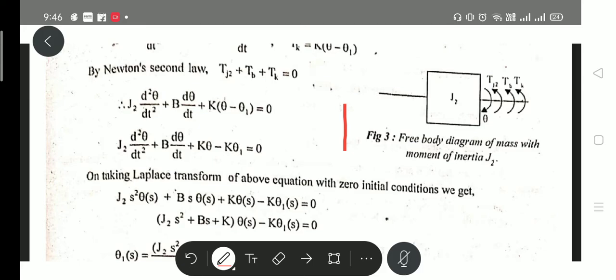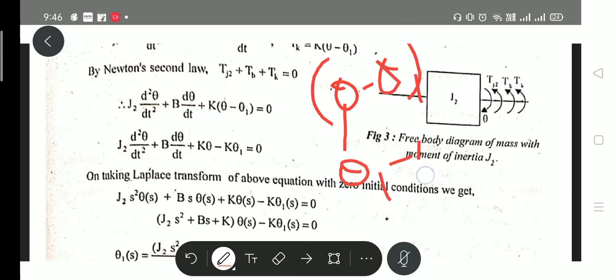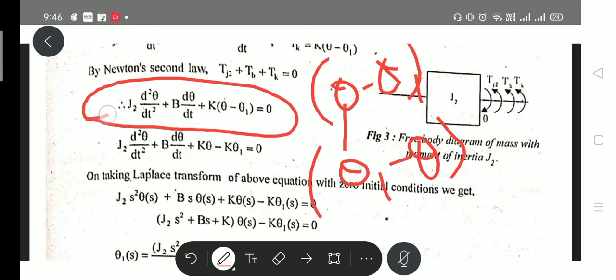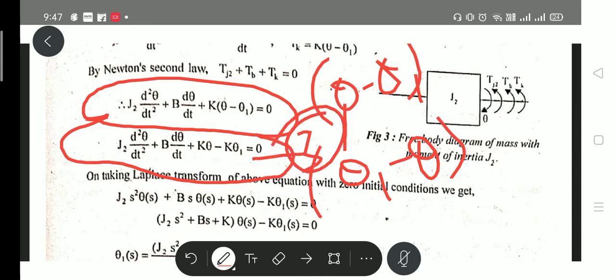For the second node, don't take theta 1 minus theta; first you have to take theta minus theta 1. Writing all those formulas, we get the differential equation: j2 d square theta by dt square plus b d theta by dt plus k theta minus k theta 1 is equal to 0. This is the third equation, a differential equation.